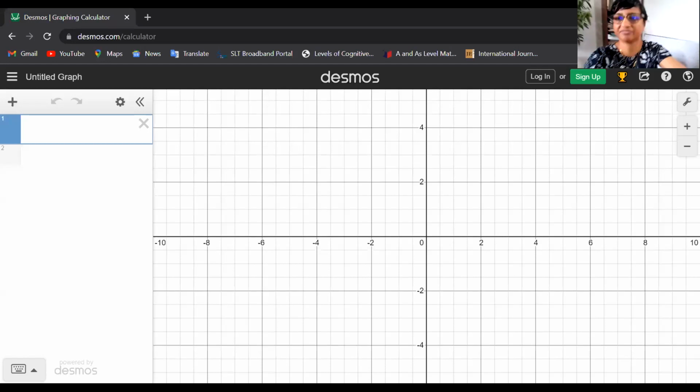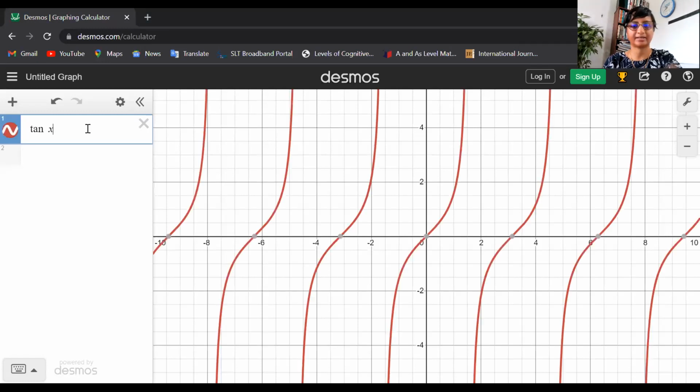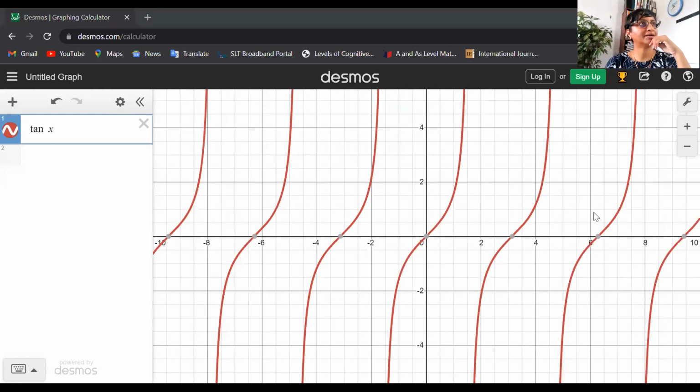The tan x graph, that's how it is, right? These are separate, infinitely many pieces. They have no connection between them. Each line is separate. You have discrete lines.